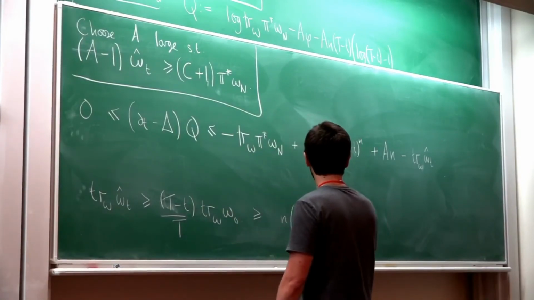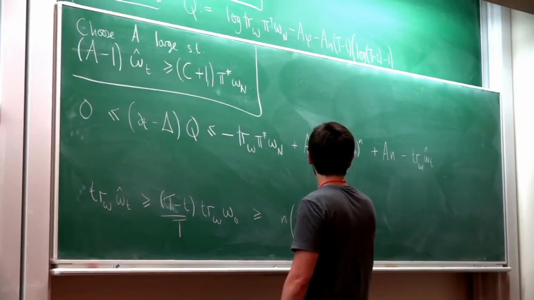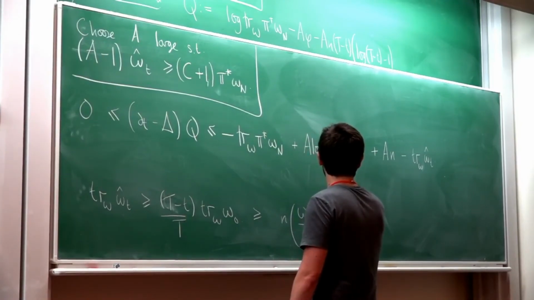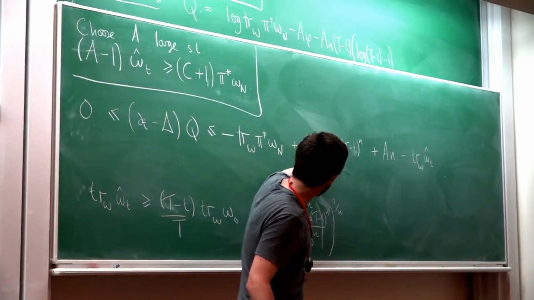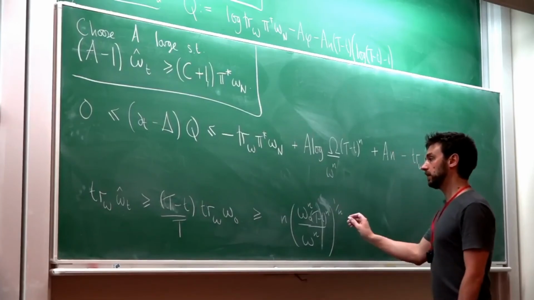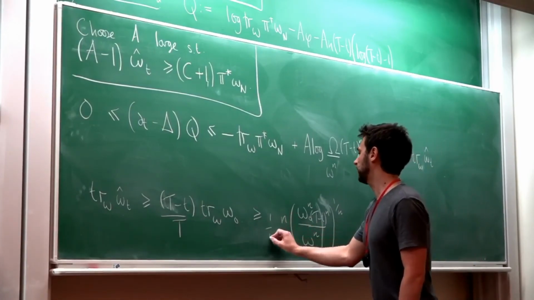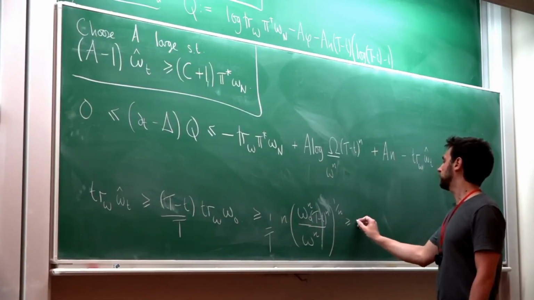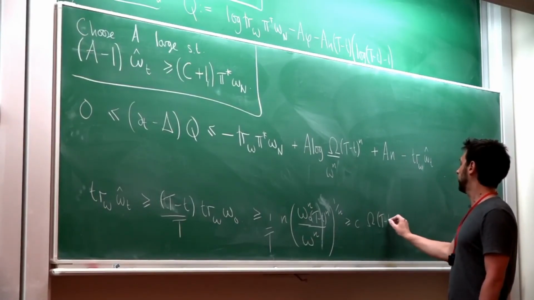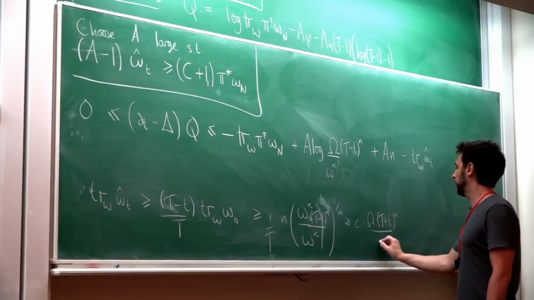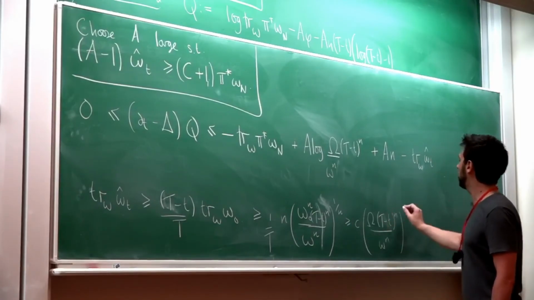Okay, so let me put that inside. T minus t to the n to the 1 over n. But then this looks an awful lot like this guy here. So there's a factor of 1 over t here. Okay, so the whole thing is bigger than some small constant times capital omega t minus t to the n over omega to the n, all to the power 1 over n.